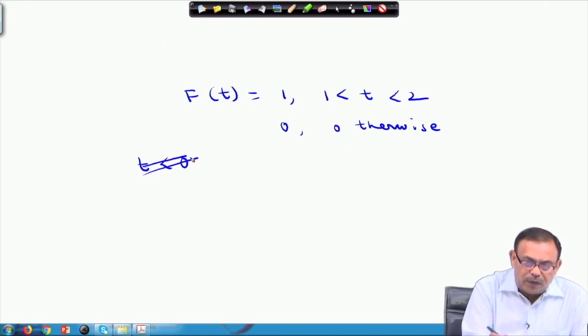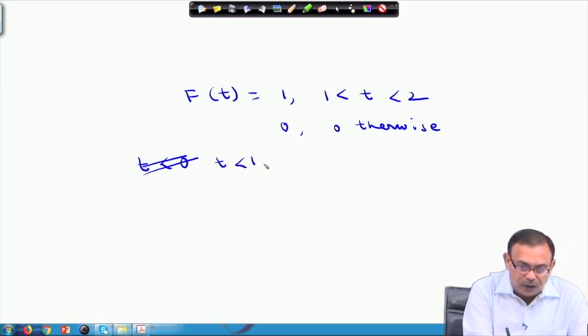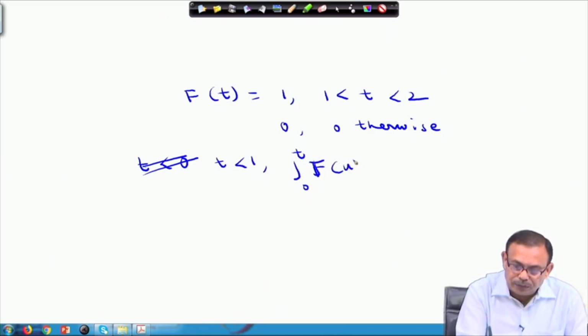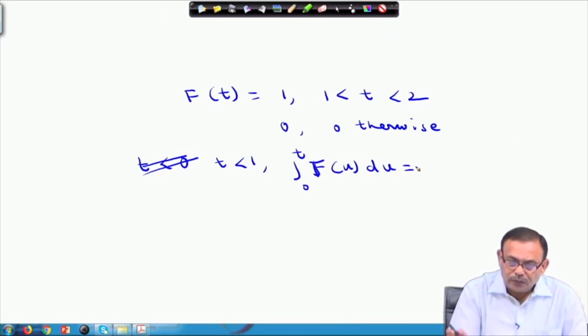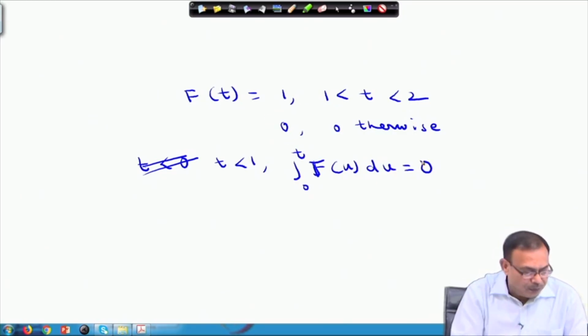Whenever t is less than 1, the integral from 0 to t of f(u) du is 0.